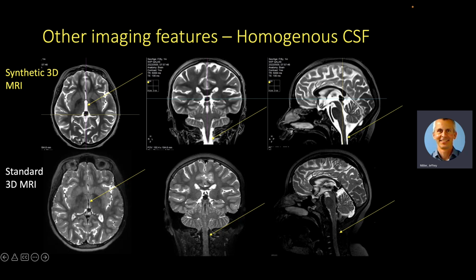And so here you can see very nice, pristine CSF on these images. And so not quite sure yet whether this is something that propagates throughout, but this can have very good clinical implications.